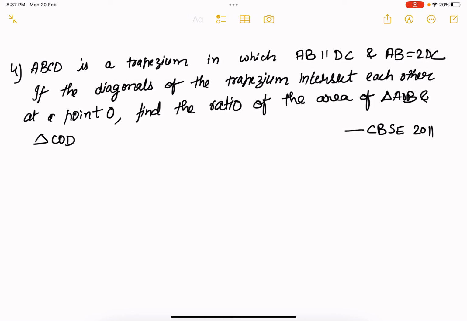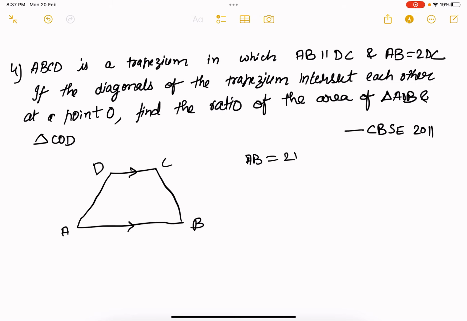So in this question, ABCD is a trapezium. So let's draw a trapezium ABCD. Okay, this is A, B, C, D, in which AB is parallel to DC. This is given. What else is given? AB is equal to twice of DC.